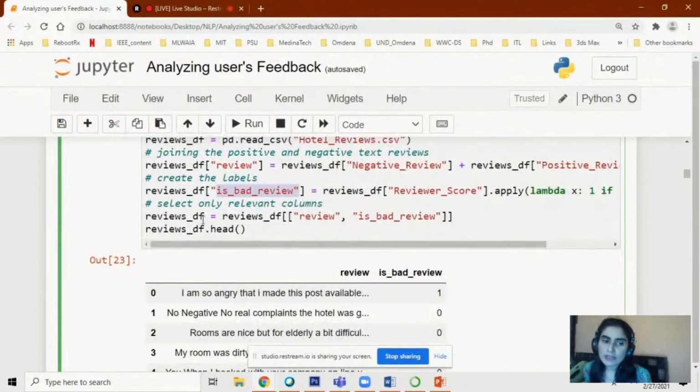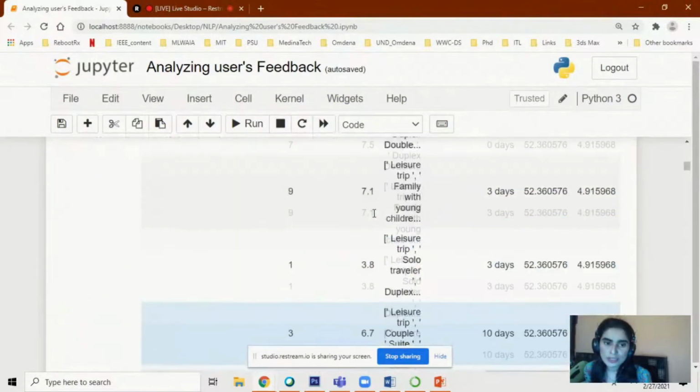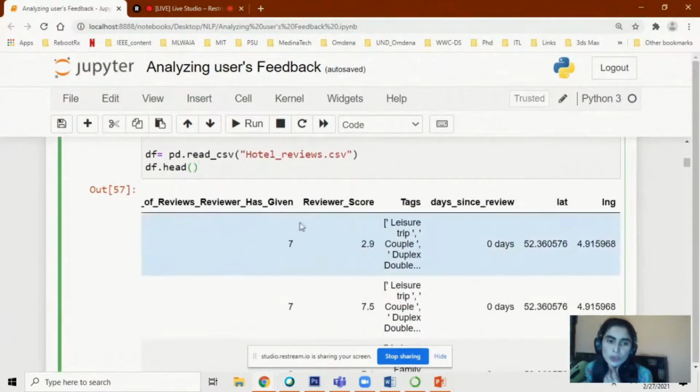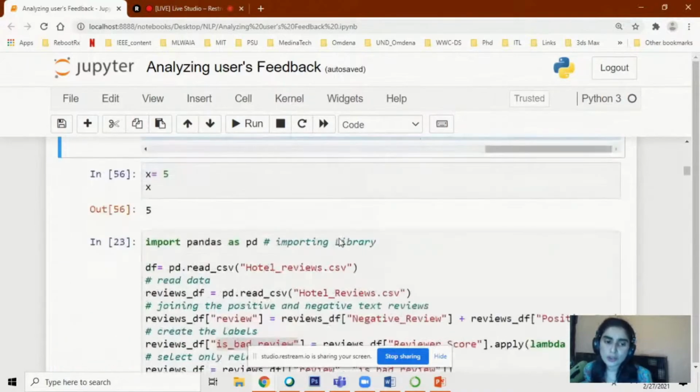And then we have review_df is equal to review_df with the review column and bad review column. So I am extracting only two columns from the complete data frame. Consider this: I want to keep only a few columns, so I just add the names of those columns, so that my data frame shows me only those columns and removes the rest.